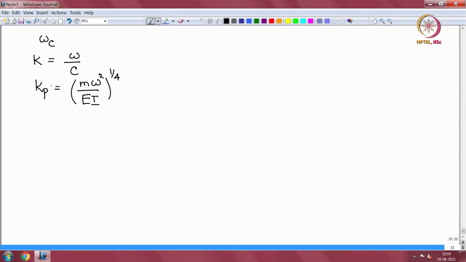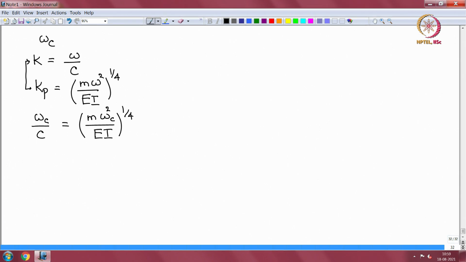So, at coincidence these two are equal, that is what we say, okay. At coincidence these two are equal, that means omega c by c is equal to (m omega c square by EI) to the power 1/4.